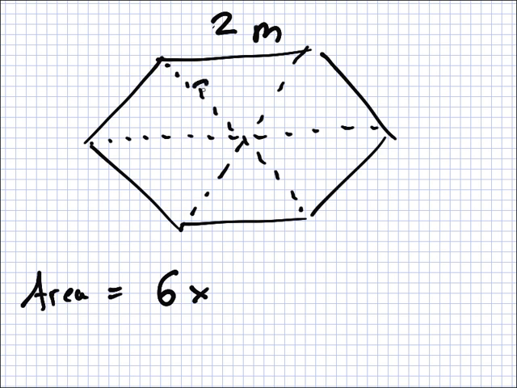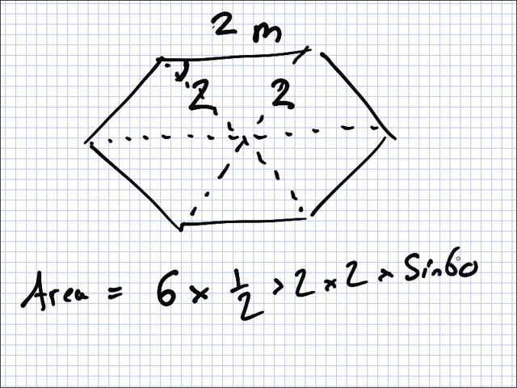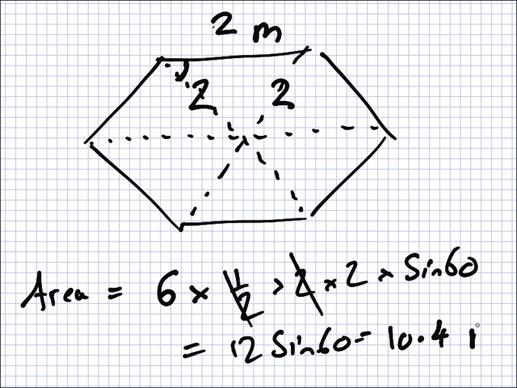So that's 2, and that's 2. And what's this angle here? 60. So it's a half times 2 times 2 times sine 60. Yeah, so cancel. 12 sine 60, what's that? 10.4 meters squared then, yeah?